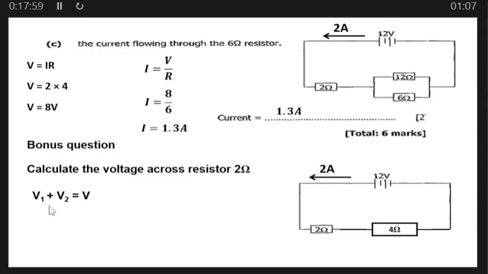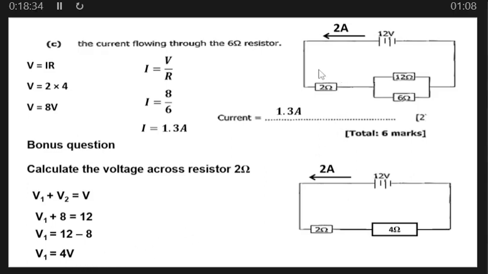So substitute: V1 plus 8 is equal to 12, and then collecting like terms, this one will cross to this side, so V1 is equal to 12 minus 8. It became negative; that's the algebraic law. So 12 minus 8 is 4 volts.